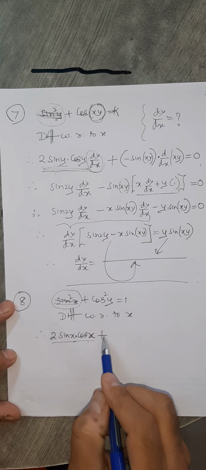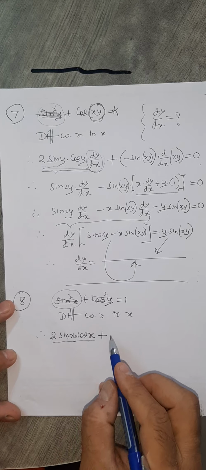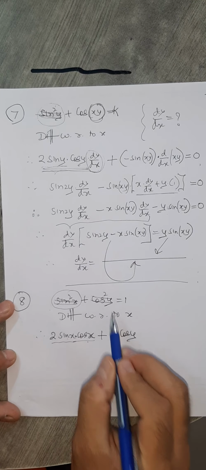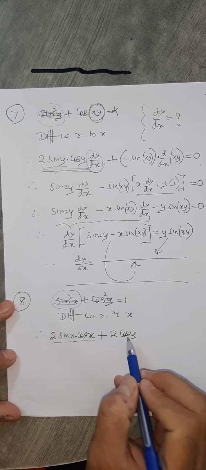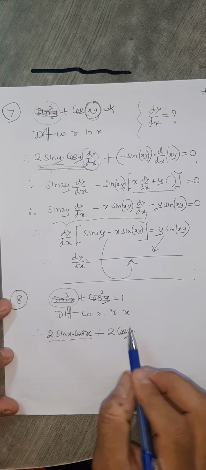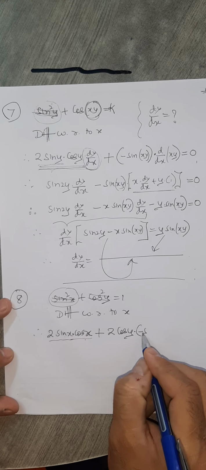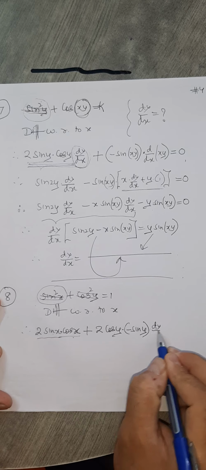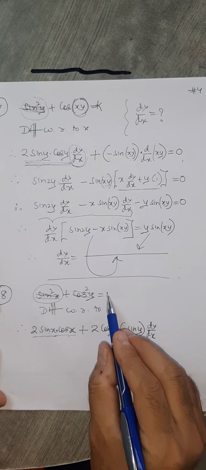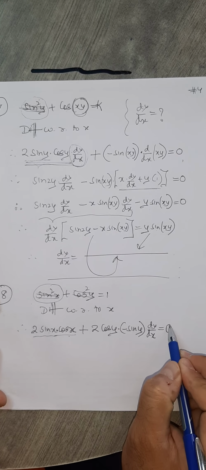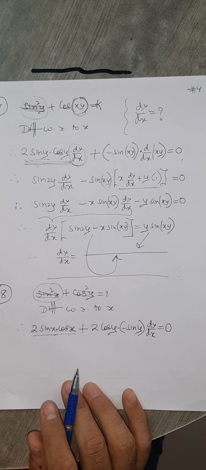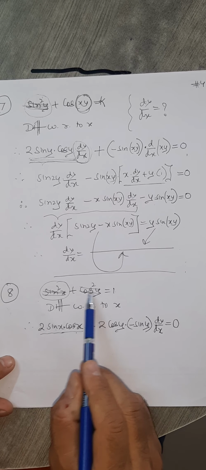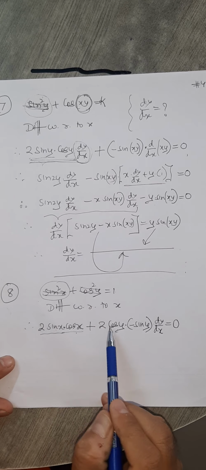Now look at it, next one. Again you imagine this as x. So 2 cos y. This is like x square. What's the derivative of x square? 2x into, now derivative of cos y. What's the derivative of cos y? Minus sin y. Now here y is there, so into dy by dx equals to, what's the derivative of 1 being constant? 0. I repeat this. You imagine this as x, so this is x square.